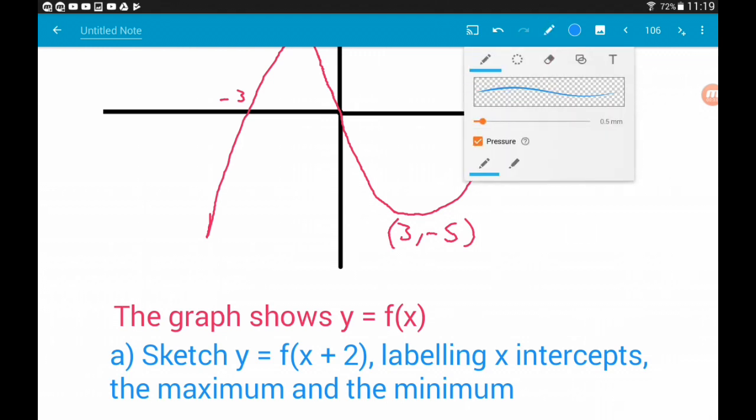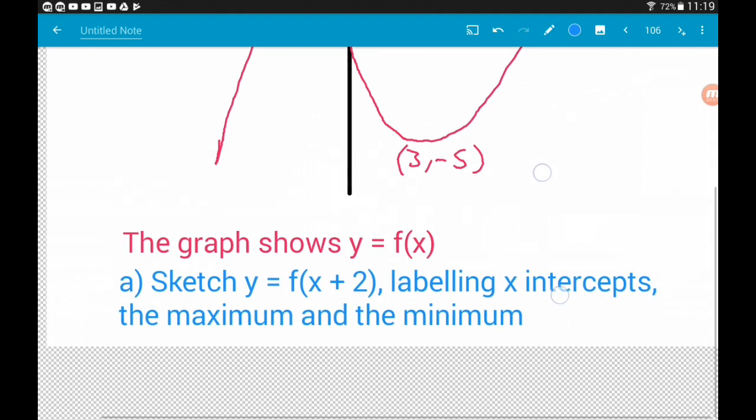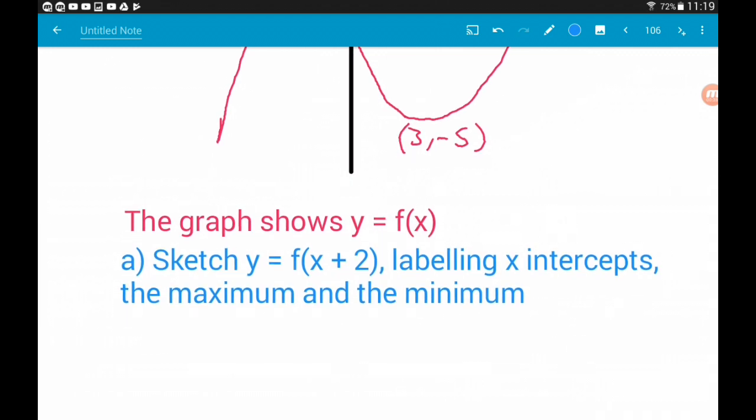So this time I'm going to mention the vectors. f of x plus 2 is a translation along the x-axis by minus 2 places and then nothing up or down. So our translation vector is (-2, 0).